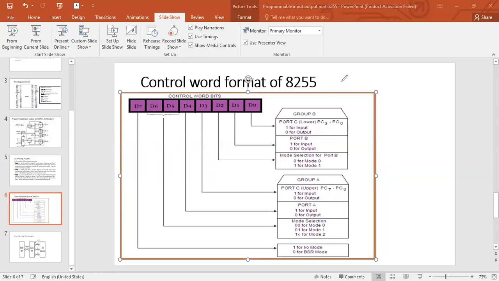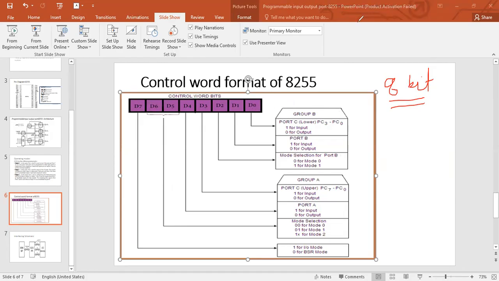So basically this control word consists of 8 bits. The first point to be noted is that the control word of 8255 is of 8 bits. It means it consists of 8 bits from D0 to D7.